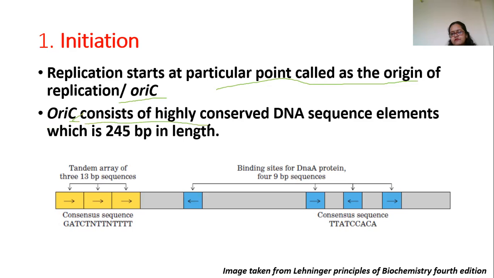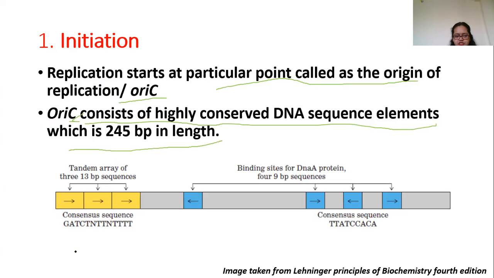It consists of highly conserved DNA sequence elements, which are 245 base pairs in length. So this origin point has highly conserved DNA sequence elements of 245 base pairs in length.